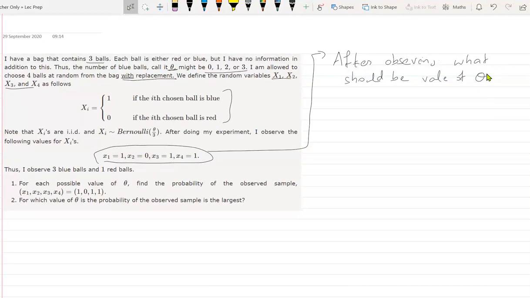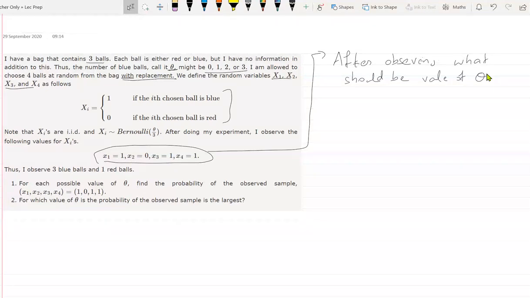From this observation, what should I say the value of theta should be? We kind of did this when we did sample size and Chernoff bounds.